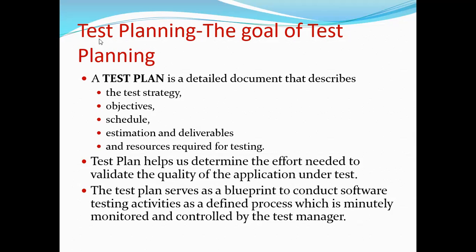That will be coming under estimation. Also, suppose you may need extra resources like hardware or software for the testing of that particular product, so that will also be included. If you want to purchase new software, how much its license copy will cost, all those details should be there in your test plan.